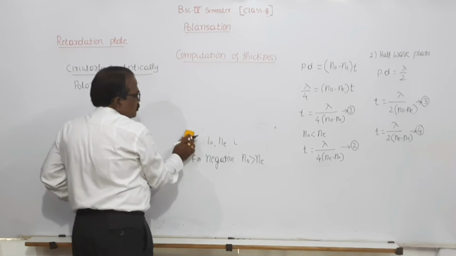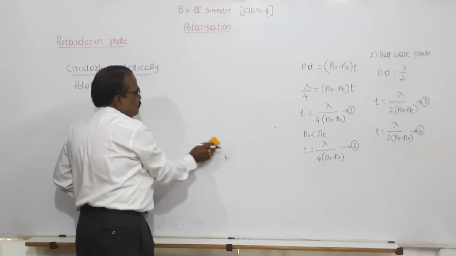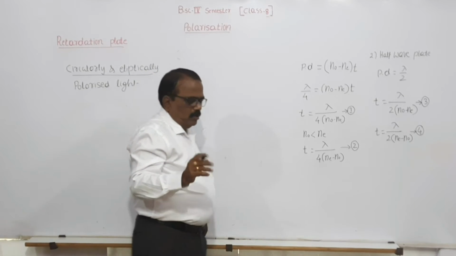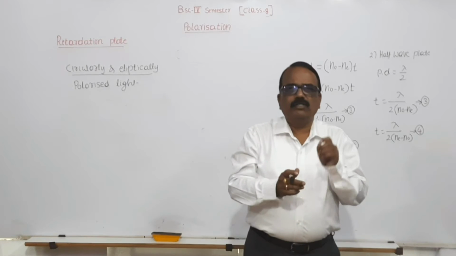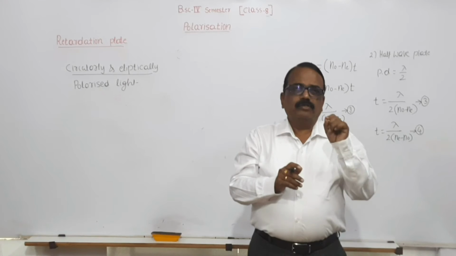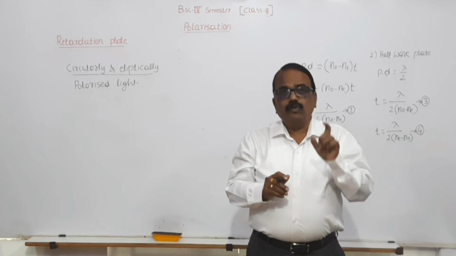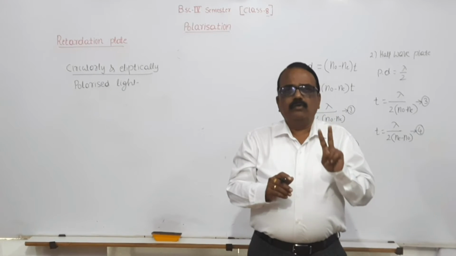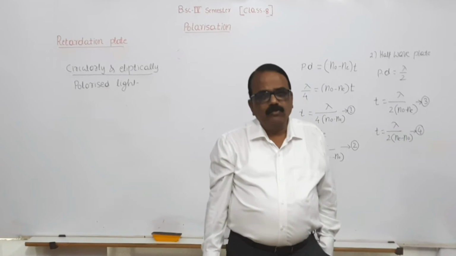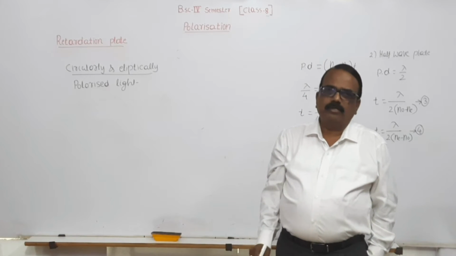The superposition of two plane polarized lights such that their planes of vibration are perpendicular produces circularly polarized light and elliptically polarized light. Superposition of two rectangular plane polarized lights produces circularly polarized light and elliptically polarized light.